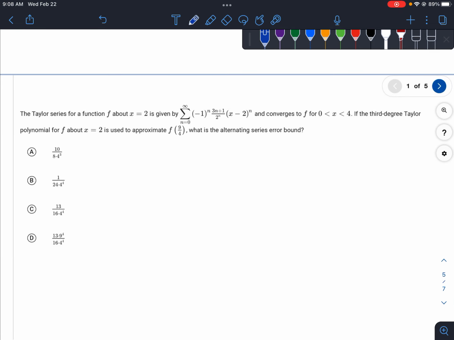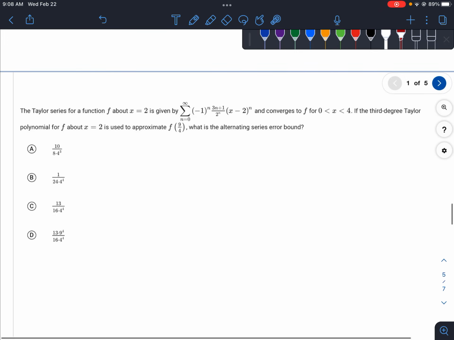Okay, so the Taylor series of the function f about x equals 2 is given by this function right here. So it's centered at 2. You can see it's alternating, and here's a coefficient. It converges over the interval from 0 to 4, so it's pretty obvious to see that 2 is the center.